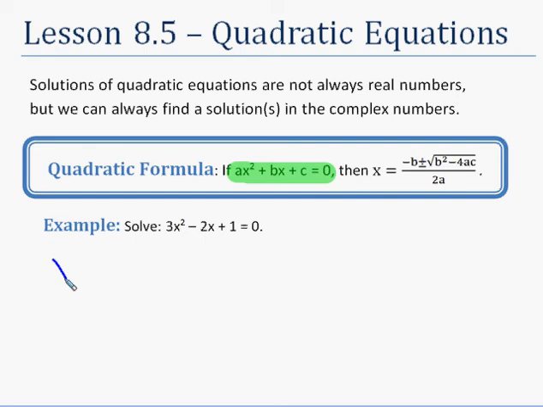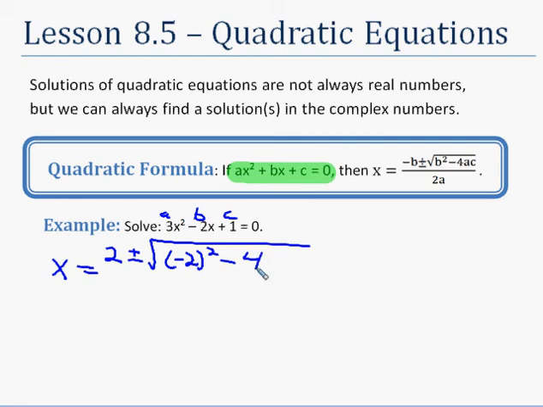So we know that 3 is our a, negative 2 is b, and c is 1. So x equals negative b, well, it's negative negative 2, so that's a positive 2, plus or minus the square root of b squared minus 4 times a, which was 3, times c, which is 1.